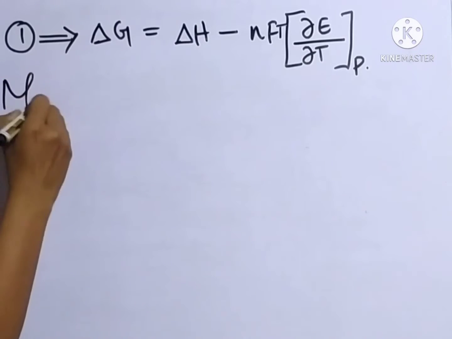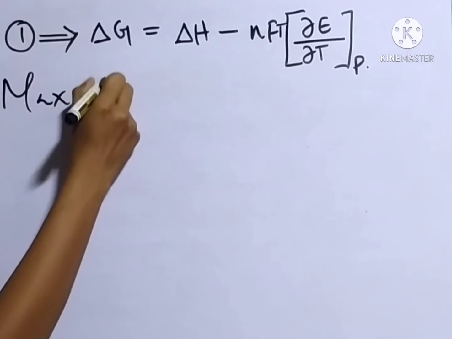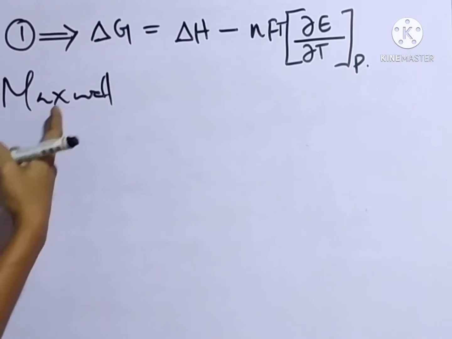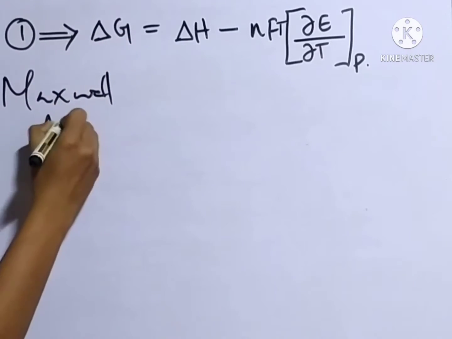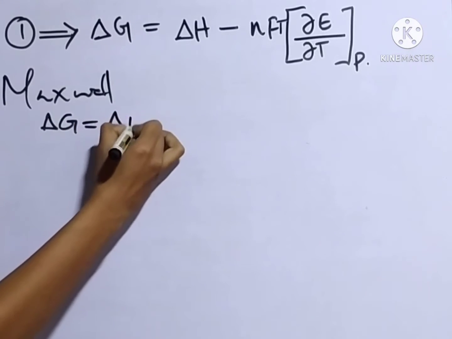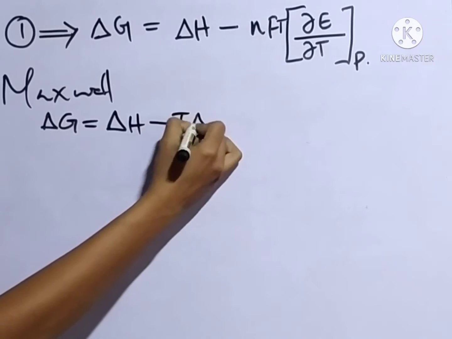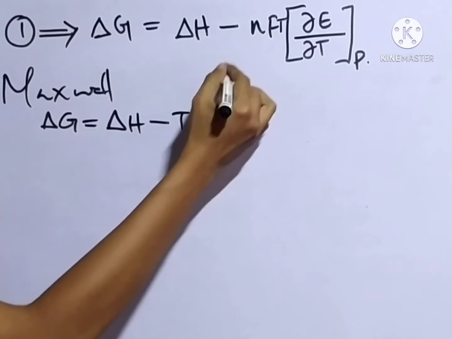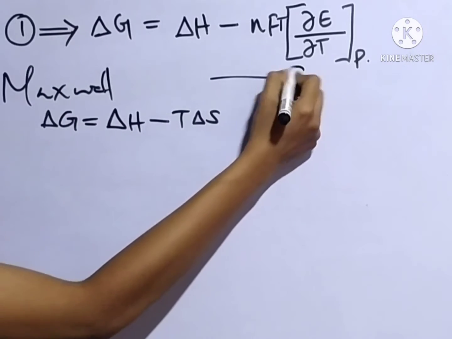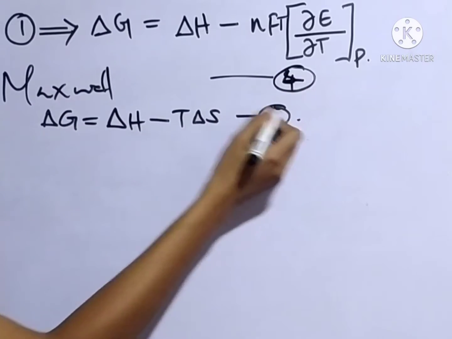And according to Maxwell's equations, there are 4 Maxwell equations. One of the Maxwell equations corresponding to delta G, the free energy change, is delta G equals delta H minus T delta S. Let us number this as equation number 4 and the previous one as equation number 5.